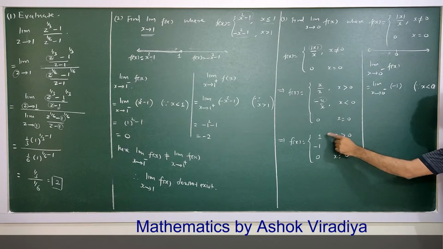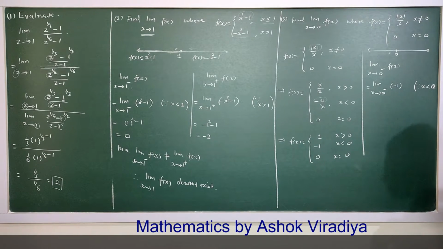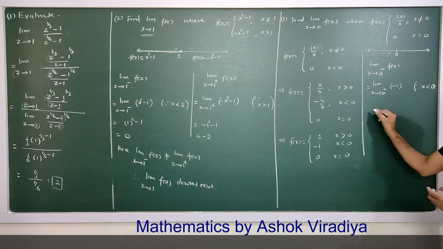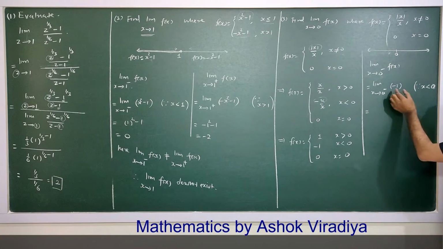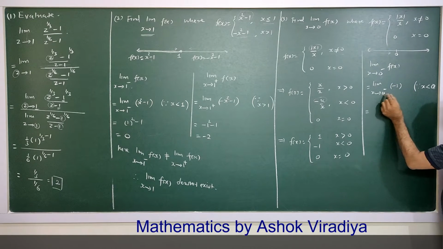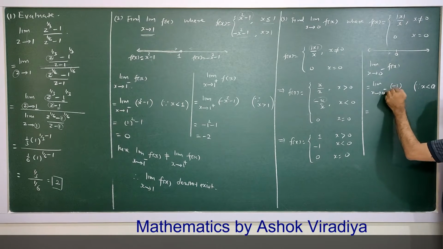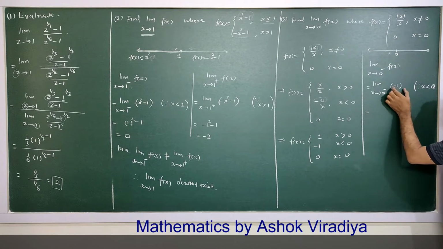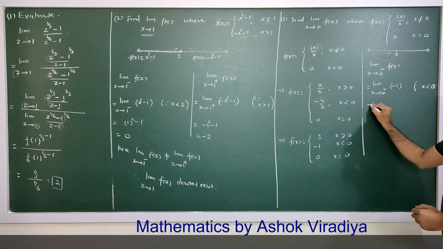This is a constant function, free from x. If you find x, you put x equal to 0, but it is free from x, it is constant. So, limit of a constant is the constant. Keep it as it is.